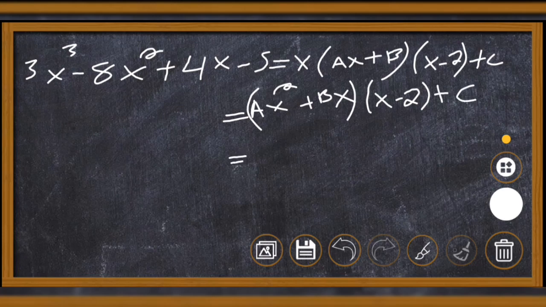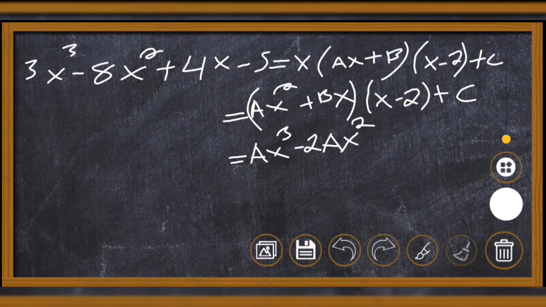So in this case, let's also expand this given function and simplify it. ax squared multiplied by x, we are going to have ax raised to power 3, because x multiplied by x is x power 3. And the same ax squared multiplied by negative 2, we are going to have negative 2ax squared. So we are done with this side.